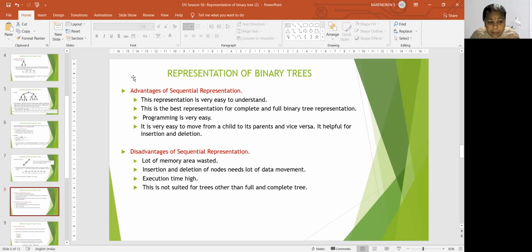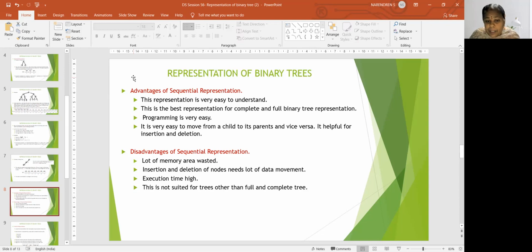But the only thing is, what are the disadvantages available? A lot of memory area is wasted. Why? Because, as we have already discussed, even if the left side or right side is not present, we have to assume it and create that particular memory. So that's why memory wastage is more here. Insertion and deletion of nodes needs a lot of data movement.